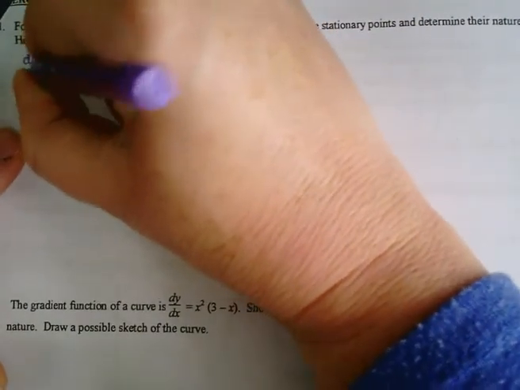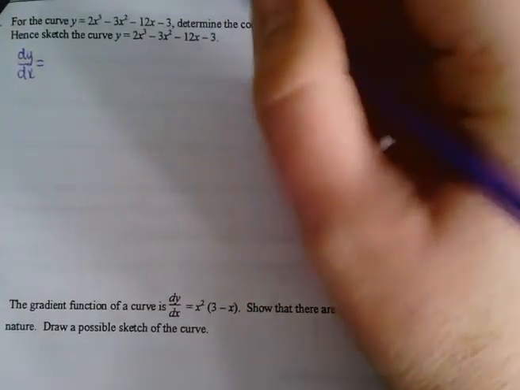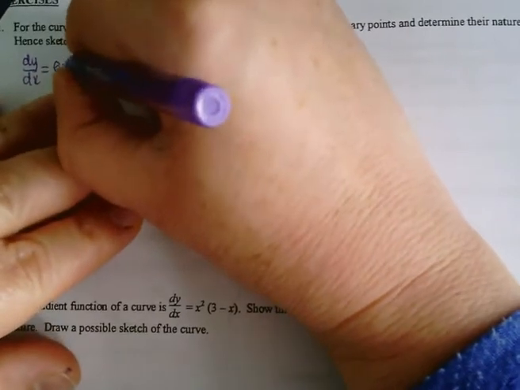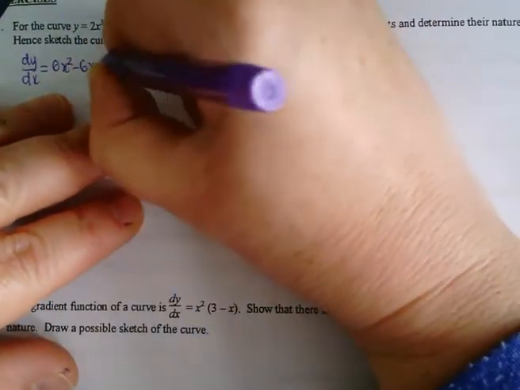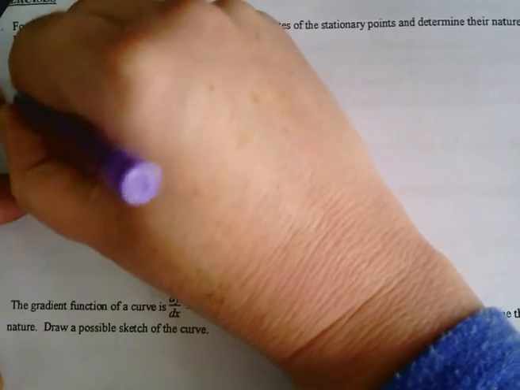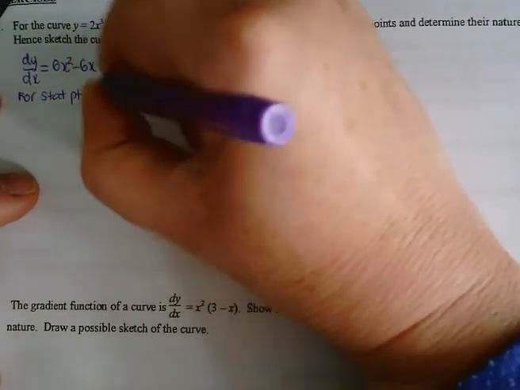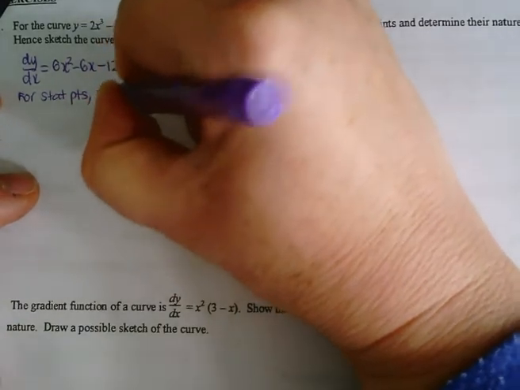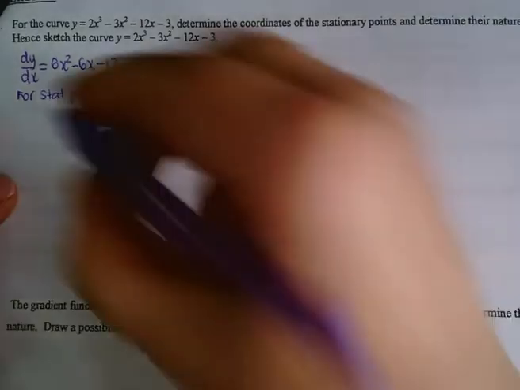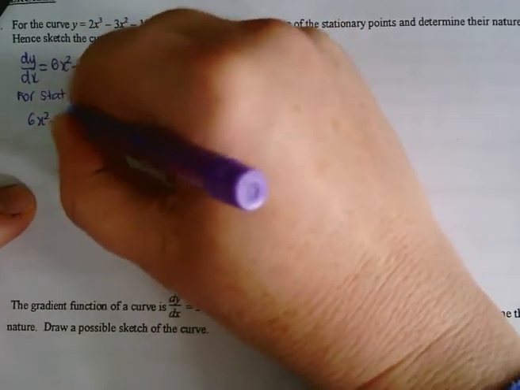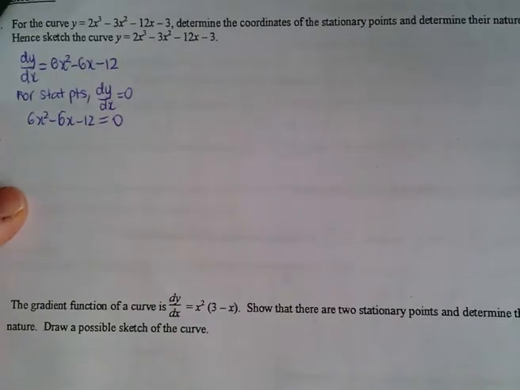So dy/dx is, let's go, what is it? 6x squared minus 6x minus 12. Then we say, setting out is exactly the same every time. For stationary points, dy/dx equals 0. So you put that equal to 0. And what should I do?